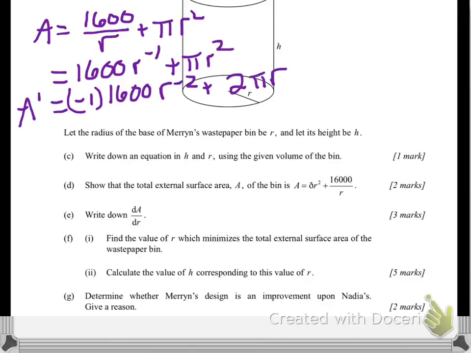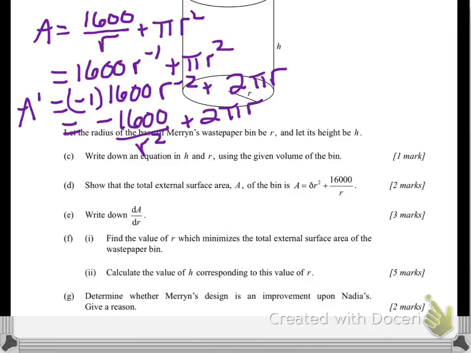So pi is a constant. Now I need to bring it downstairs, so I get negative 1600 over r squared plus 2 pi r. Okay, write down the value, so that is E.